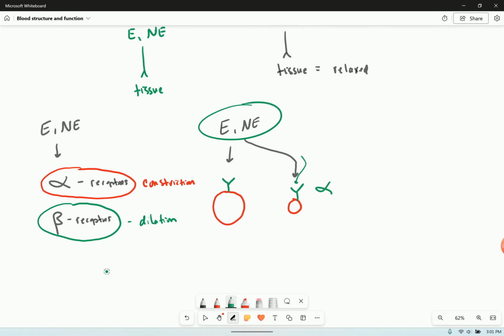So from a medication perspective, you would want to block the receptor.